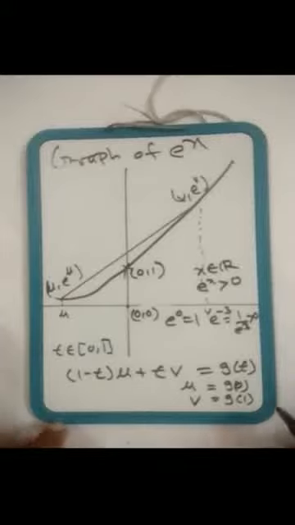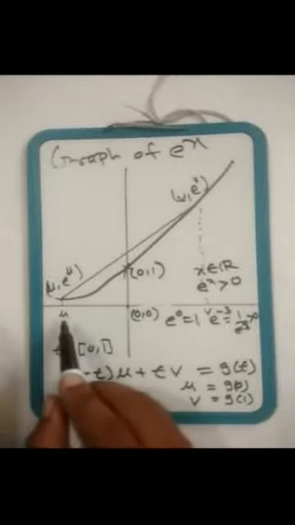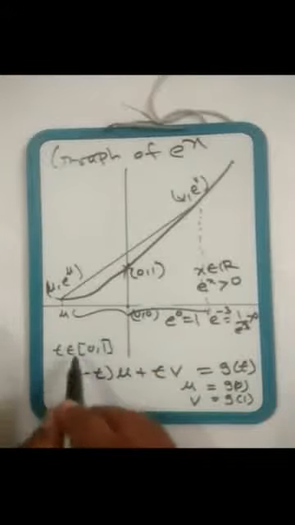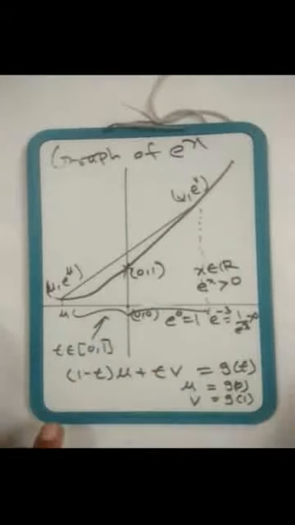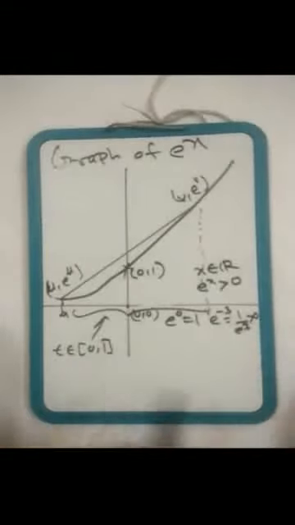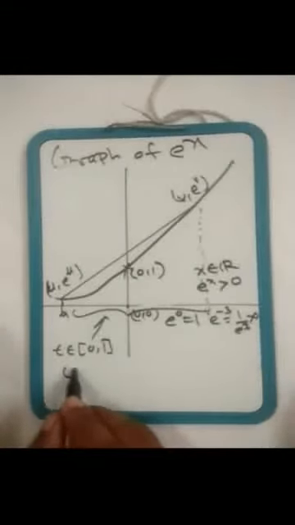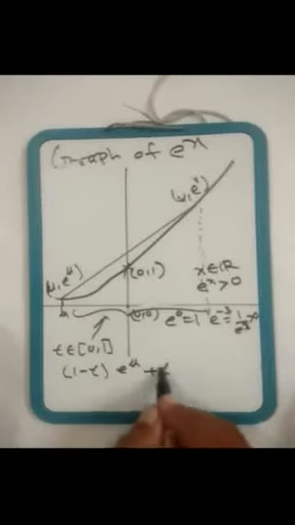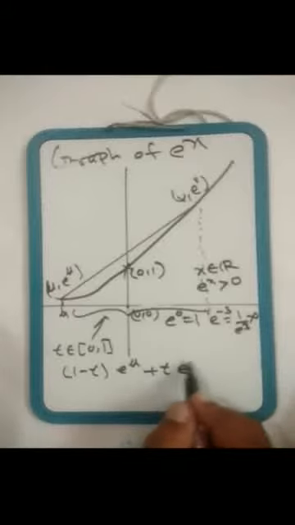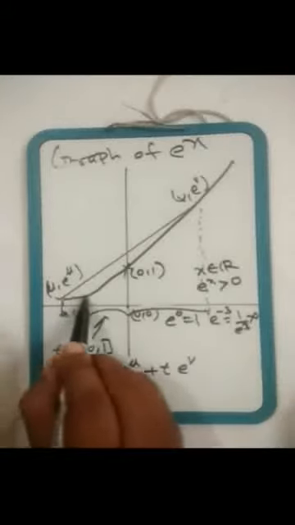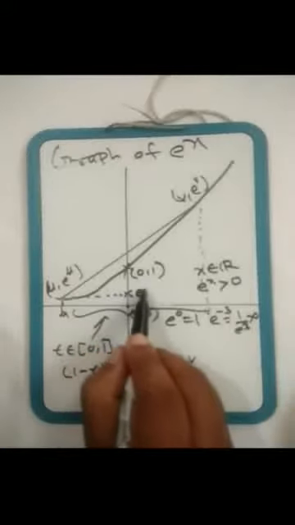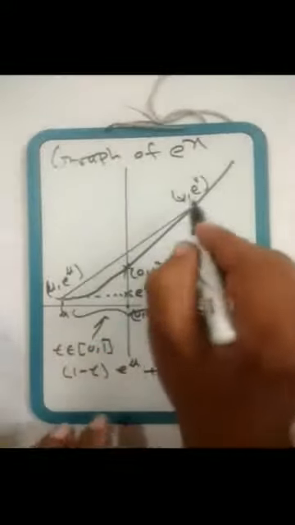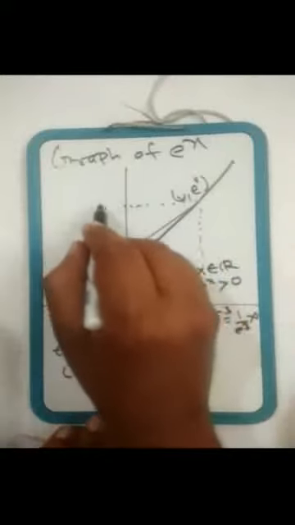Now, in other words, this is a map from this closed interval to this closed interval, to the straight line. Similarly, looking at the quantity 1 minus t times e raised to u plus t times e raised to v, here is e raised to u, and here is e raised to v.